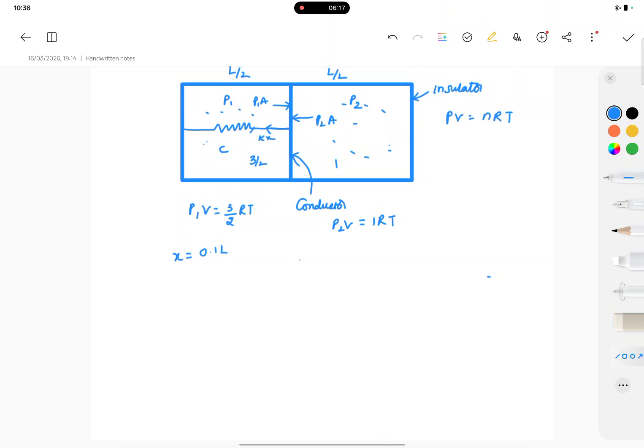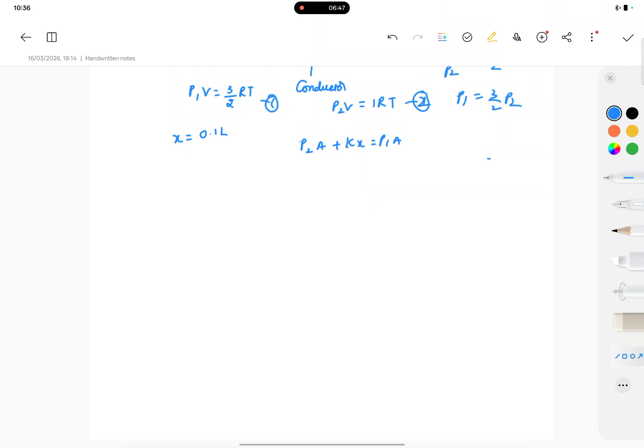Now the net force acting on the piston is 0. Then you will get P2A plus Kx equals P1A. So you need P1 in this equation so that you will finally get the P2 value. So do equation 1 by 2. Then you will get P1 by P2 equal to 3 by 2. All are cancelled. So P1 equals 3 by 2 P2. Just substitute here.